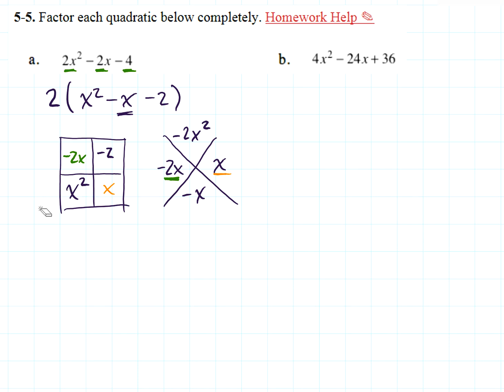So when I look at x squared and x, the greatest common factor I have for those two is an x. And then I generally look for the greatest common factor this way next. And if I look at it, I've got a negative 2x and an x squared, and my greatest common factor there is just x.